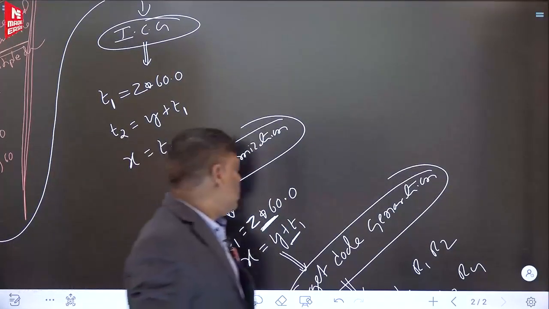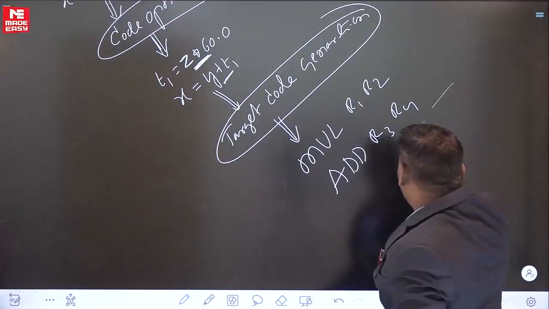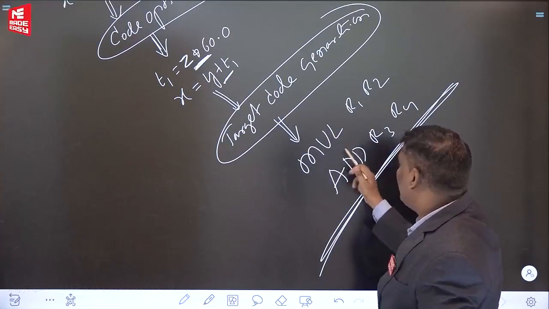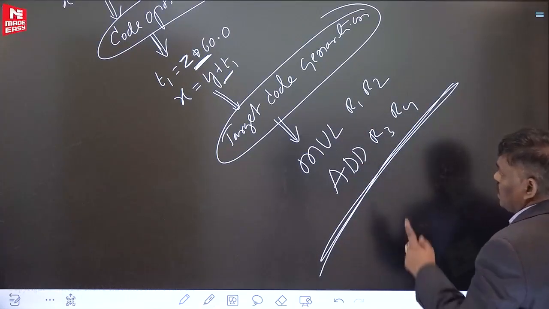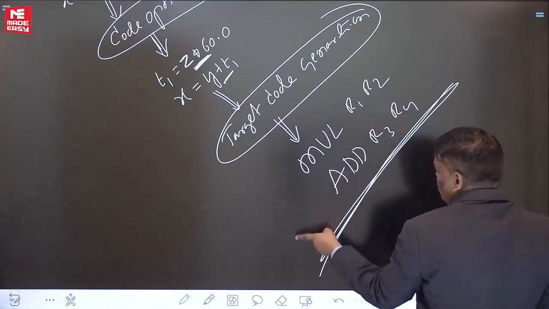Please be careful. And one more thing I want to ask you: after compilation is over, what is the final output? Machine language statements will come. After compilation is over, the final output consists of machine instructions.